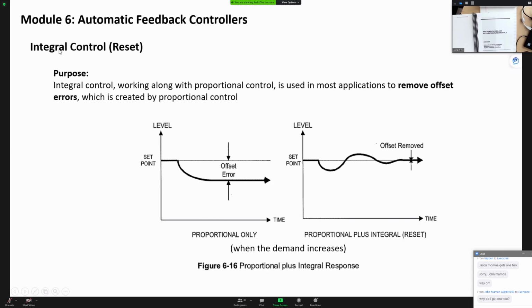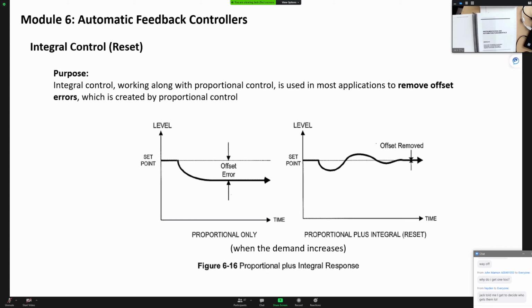Okay, the integral control. On top of the proportional control, we can add an integral control. Integral control is working over time. It will detect if there's an error. Let's say because your demand changed, your water level dropped.